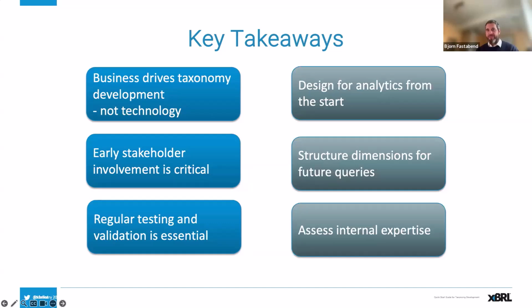So have enough time, have the right people at hand, and make sure your business stakeholders are aware of their role, about the impact that they will have, that they will do 60% of the work, and really have enough time to plan beforehand. And then closely followed by early stakeholder involvement.